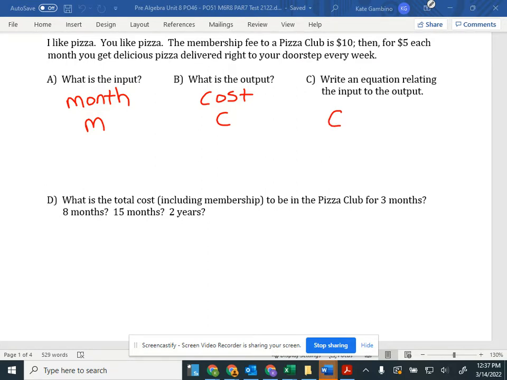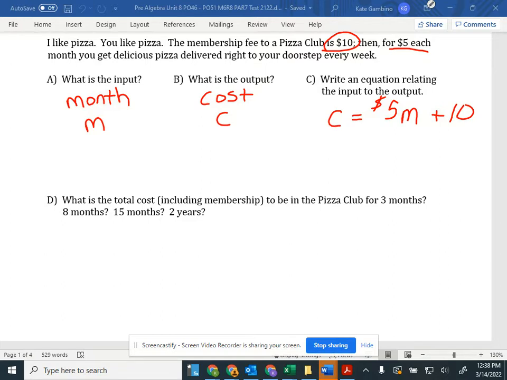So that's our Y. And that's going to have something to do with our M, that X input. We know we are multiplying it by $5 each month. And we have that $10 that we paid. So it's 5 times M plus 10. That is our equation that we have.